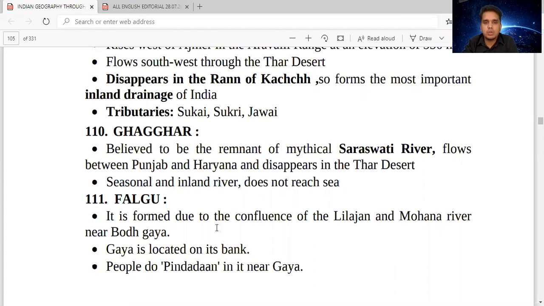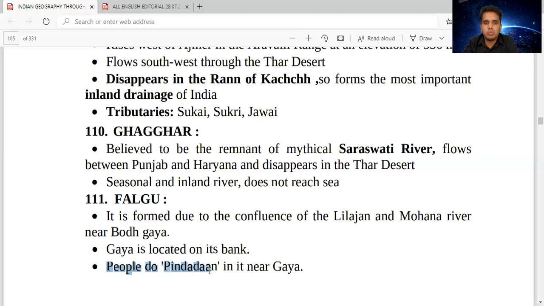It is formed due to the confluence of Leelajan and Mohana rivers near Bodh Gaya. Gaya, as you all know, is near Bodh Gaya, a very famous Buddhist place. Gaya is located on the bank of the river Falgu.